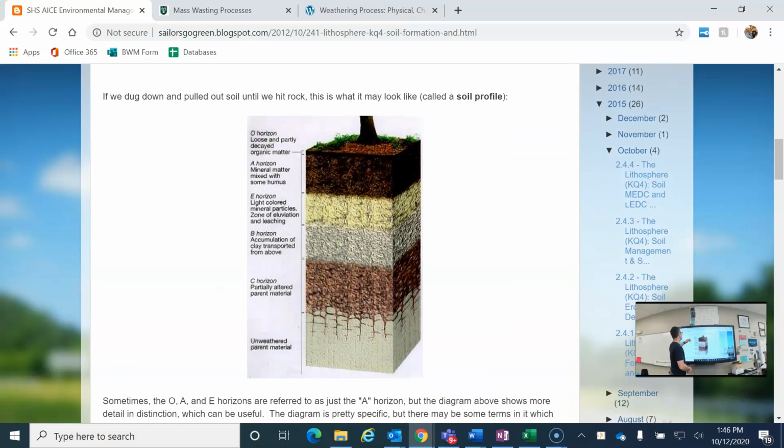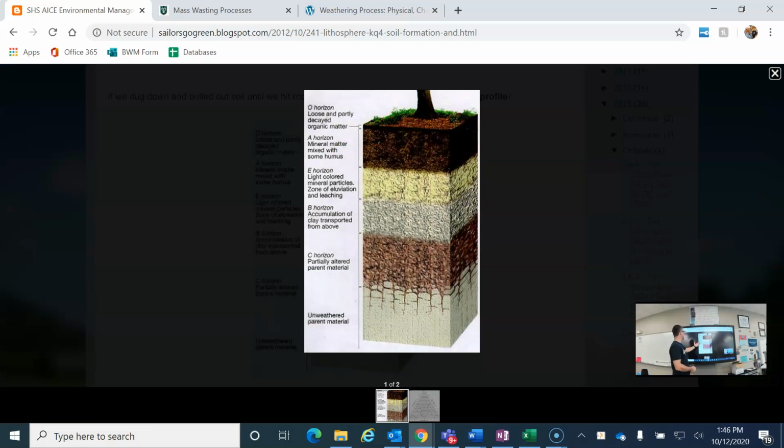If we dug down and pulled out soil until we hit the rock, it may look like this. This is what we call a soil profile, and you are responsible for knowing the different layers and what's in the different layers. The O layer you can think of as your organic layer. It's the loose and partly decayed organic matter. Then we go to the A layer.